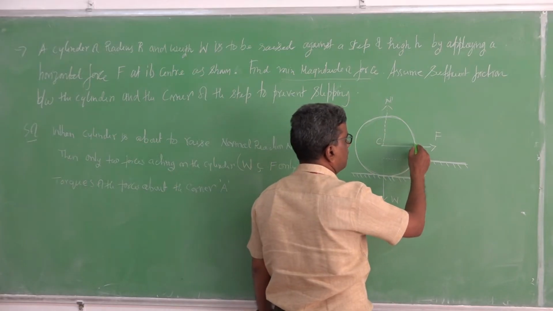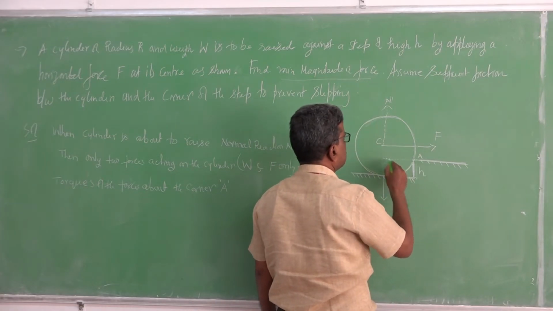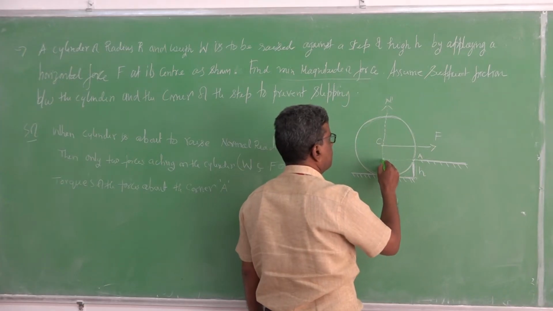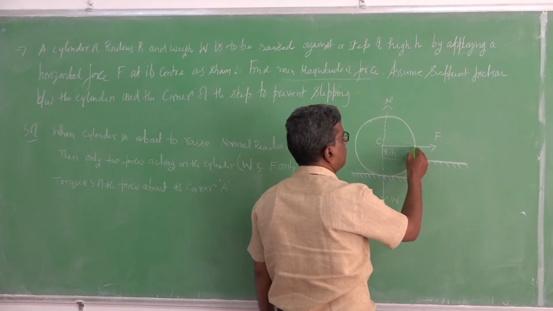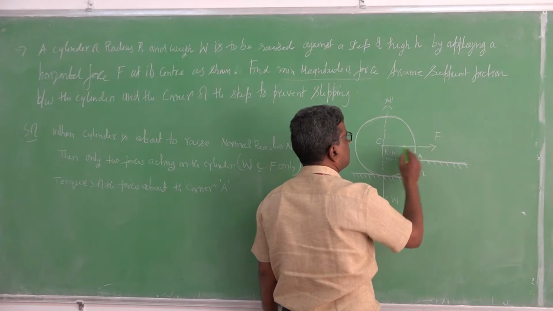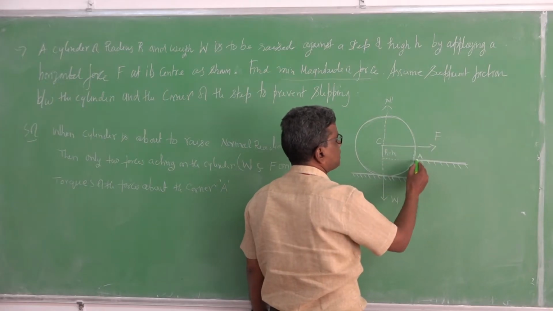Here this is h, this is r, the radius of the cylinder, so this distance is r minus h. So the torque is F into (r minus h).